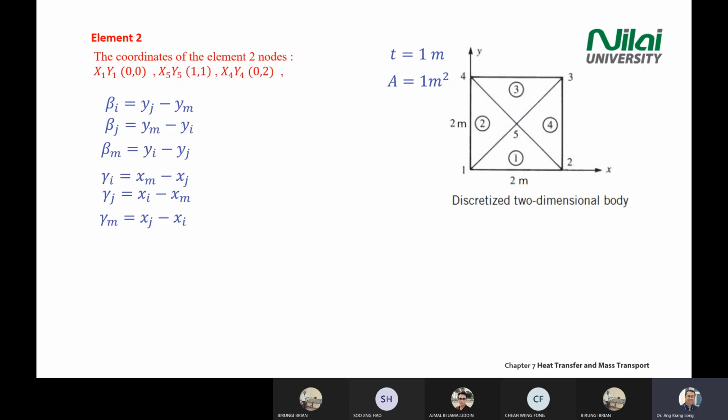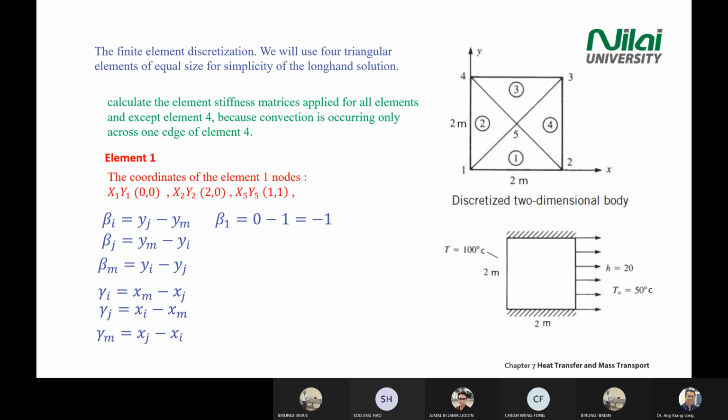Why? If you look at the original question, you see your element 4 is having convection on this side. So you're having a release of heat by convection here. You don't have heat here because it is insulated. You don't have heat here, insulated. Element 1 here is the source of 100 degrees C. So for element 2, you don't have convection, right? So only element 4 releases heat to the right hand side.